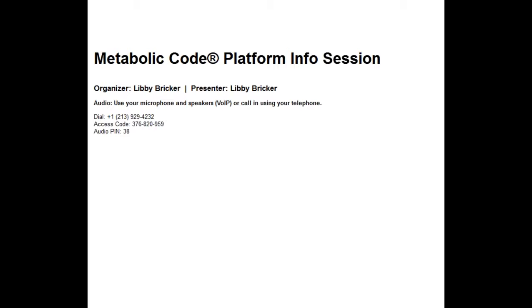I will also type in the chat the email, admin@Metabolic Code, where you can return it, or just directly to my personal email or our fax number, which is 866-311-8889. I'm going to enter those in the chat.